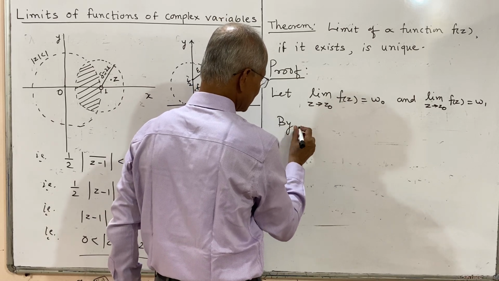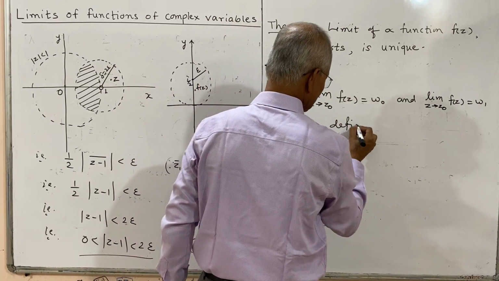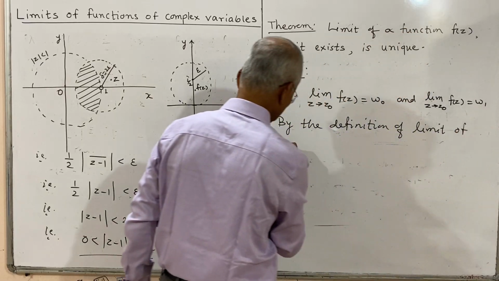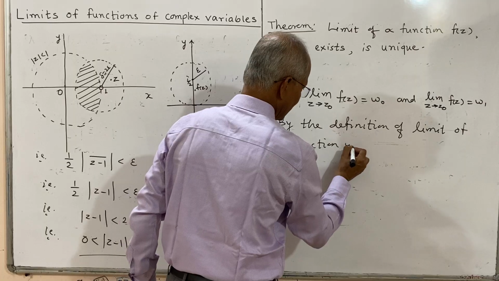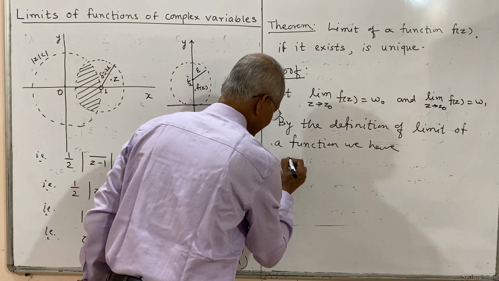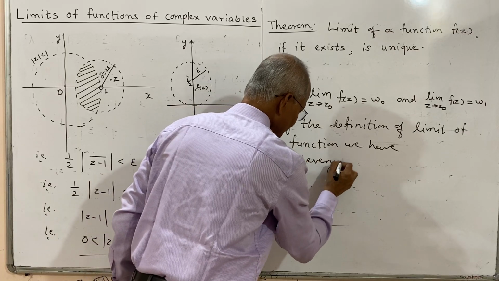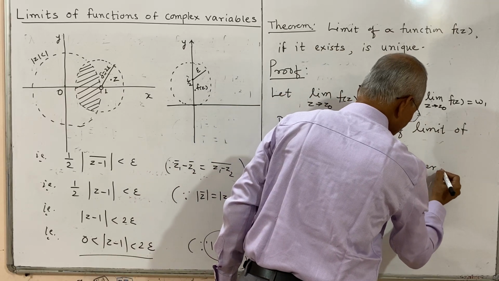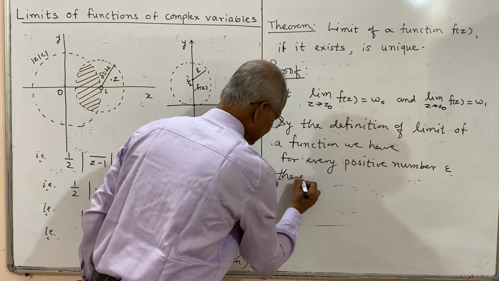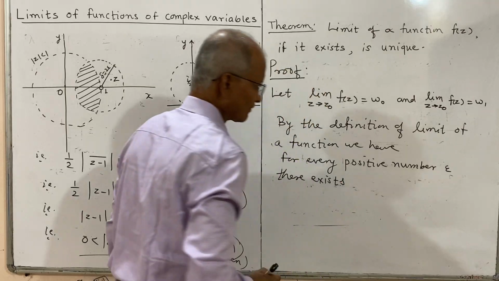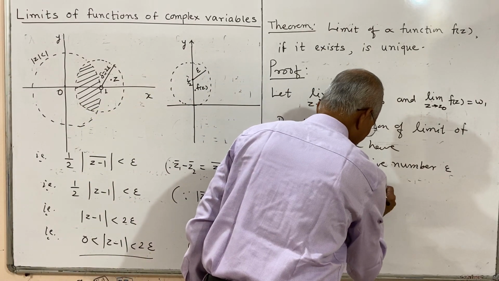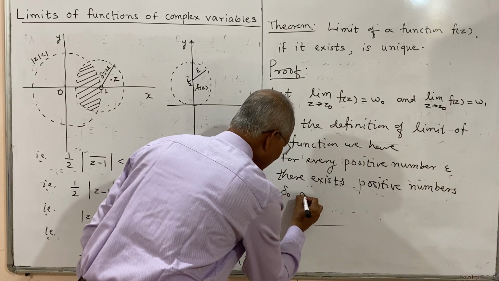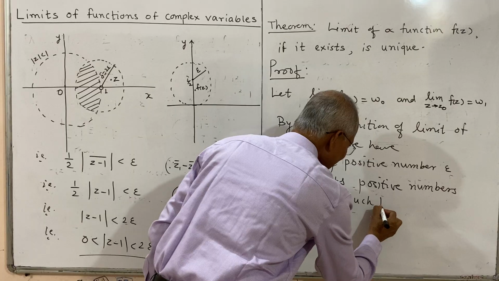So by the definition of limit of a function, we have, given every positive number epsilon, there exist positive numbers delta naught and delta 1, such that, why have we considered two positive numbers?